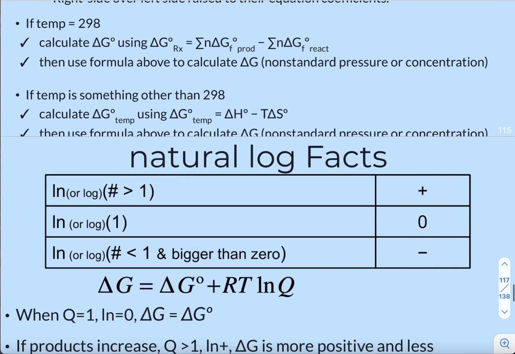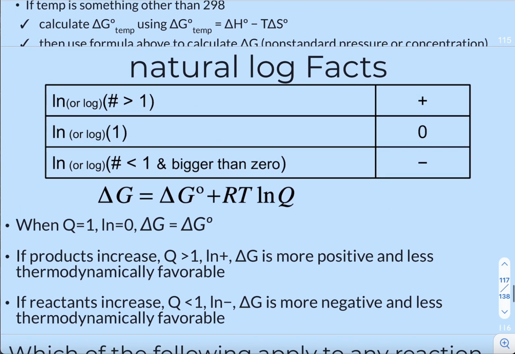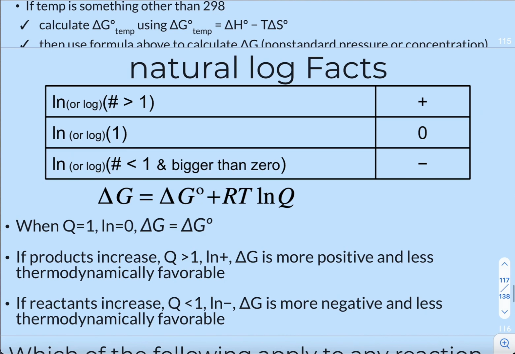We've used the natural log before, but just so you have a little bit of reference in case you don't have a calculator here. Natural log or log for that matter, if it's greater than 1, the log or natural log is going to be a positive number.